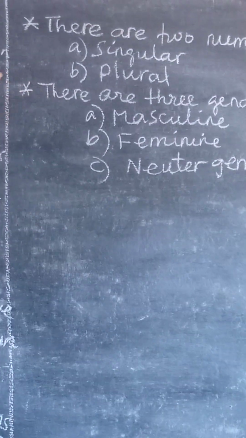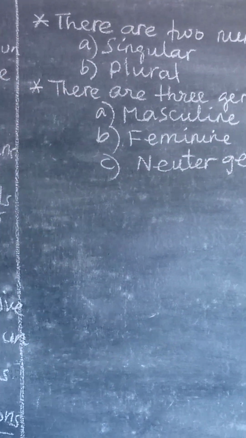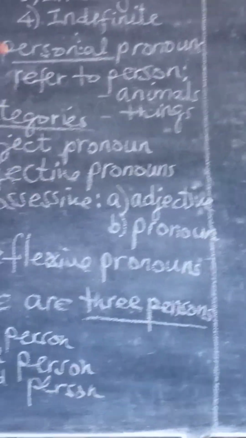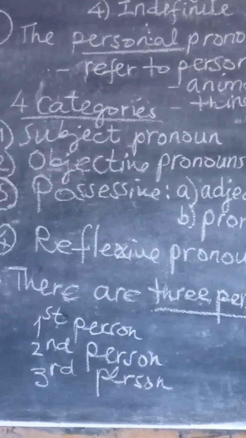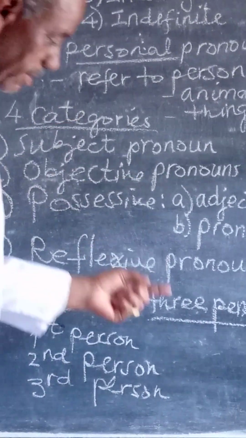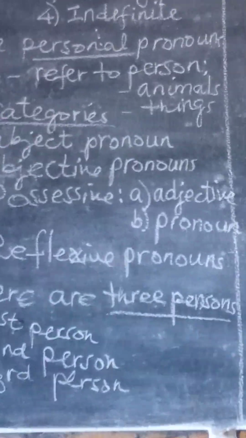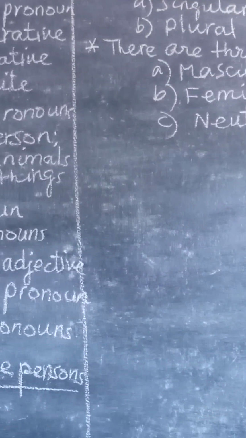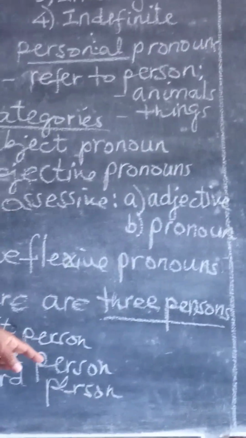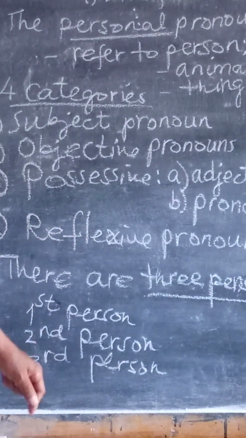These are the points that should be understood or studied under the personal pronouns. Then, when we say three persons, these three persons have singular and plural forms.